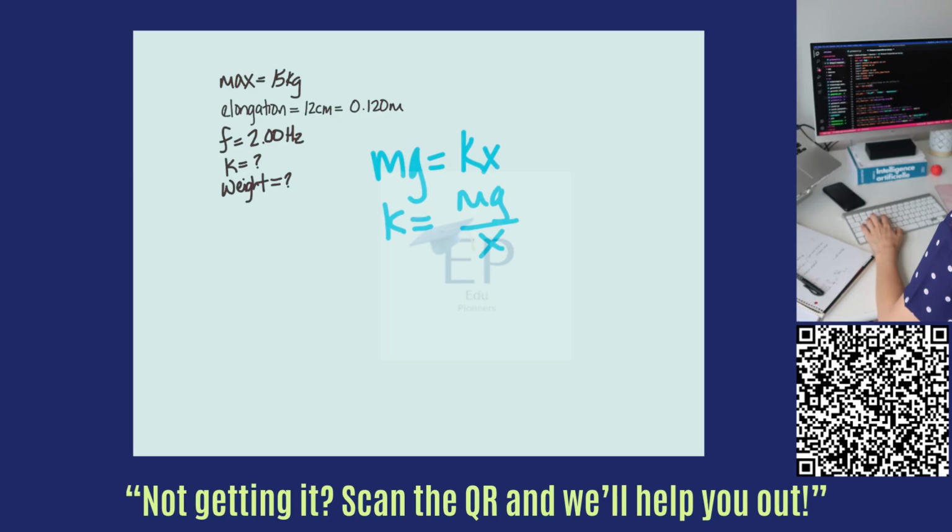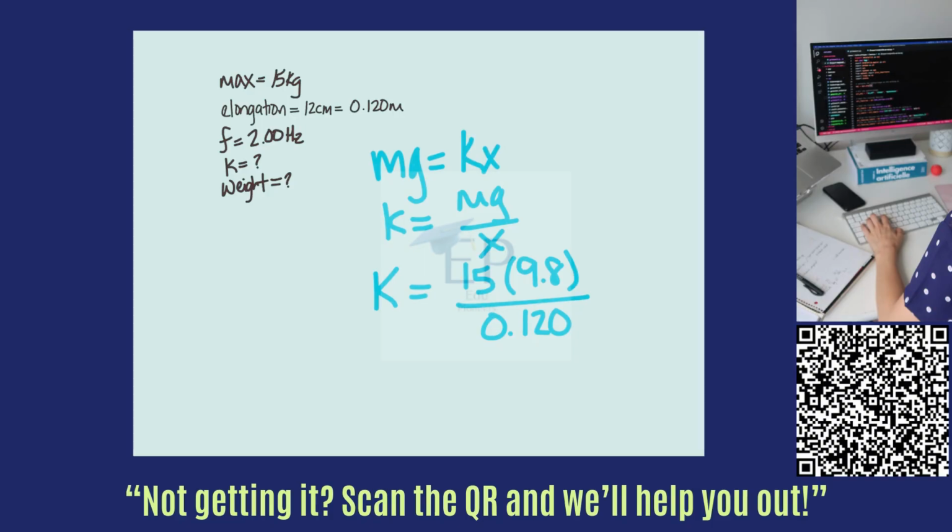So when we plug those values in, we get k equals our mass, we're going to go with 15 kilograms, times 9.8 meters per second squared, divided by 0.120 meters. So we have to make sure that we convert our centimeters into meters, so that the meters for our displacement as well as the meters in our gravity are in the same unit.